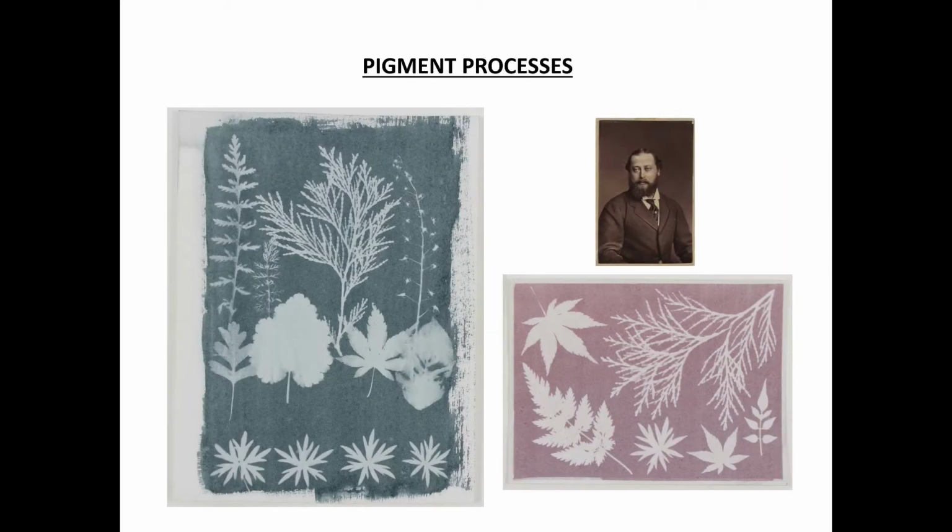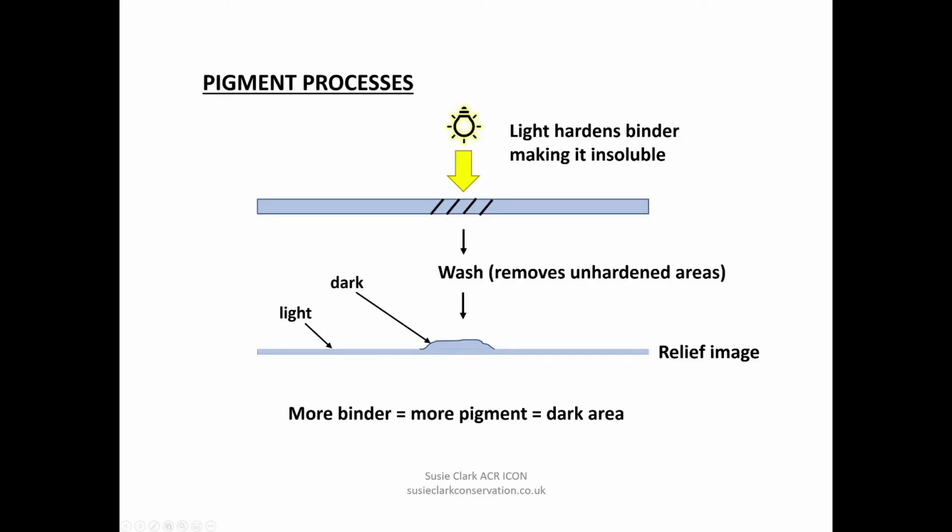There are two main pigment processes, gum bichromate and carbon prints, and the difference is the binder. In gum bichromate it is gum arabic, and in carbon prints it is gelatin. They work in a very distinct physical as well as chemical way, and you can see here at the top you've got a printing paper which is coated with a mixture of binder and pigment and bichromate.